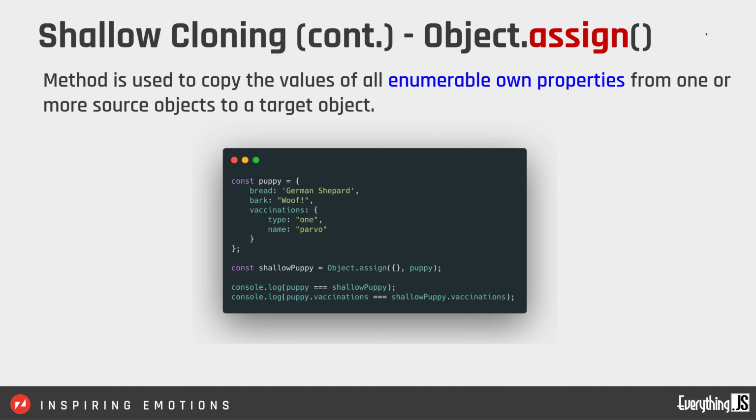Copying objects is really important because you want to reach immutability, and in certain cases you don't want to mutate the state of the original object. For example, if you are looping through an object and doing some operations, and you don't want to mutate the original object, you can create a copy and do that operation.